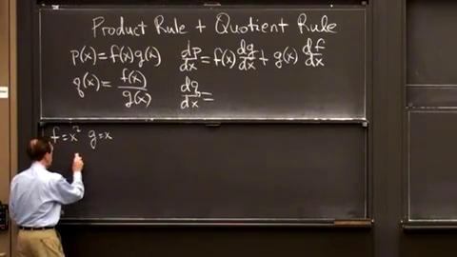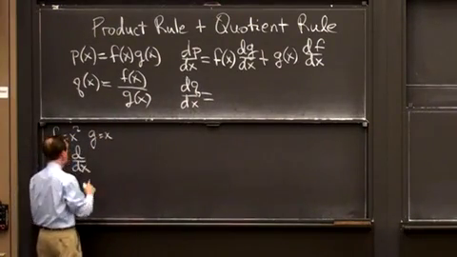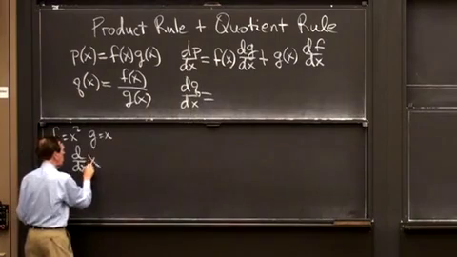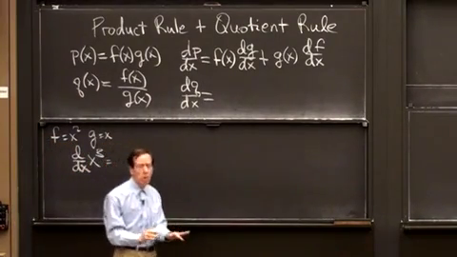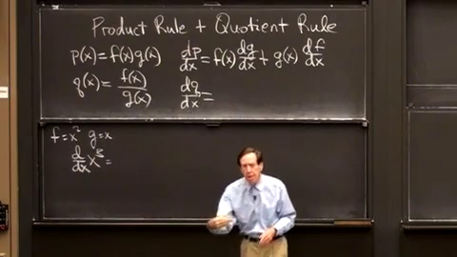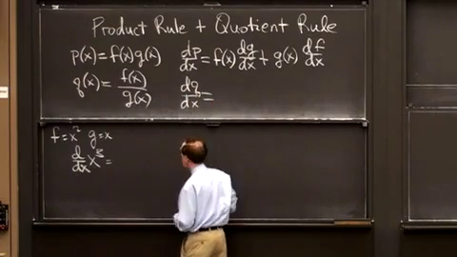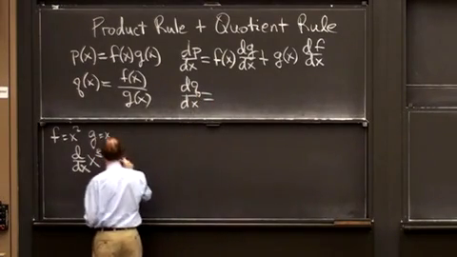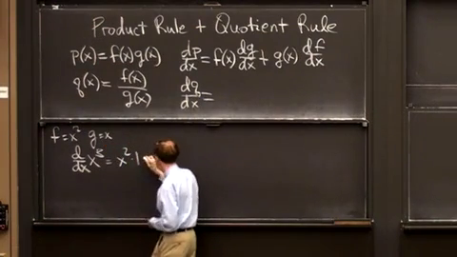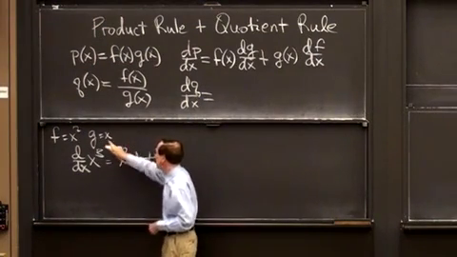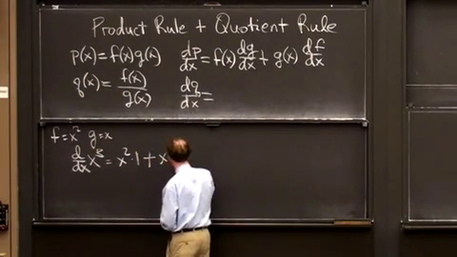It tells me that the derivative of p, dp dx, so p is x cubed. So I'm looking for the derivative of x cubed. And if you know that, it's okay. Let's just see it come out here. So the derivative of x cubed, by my formula there, is the first one, x squared, times the derivative of the second, which is 1, plus the second one, x, times the derivative of the first, which is 2x.